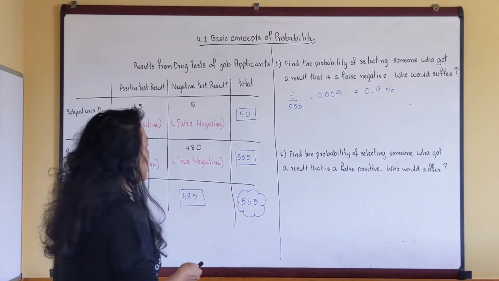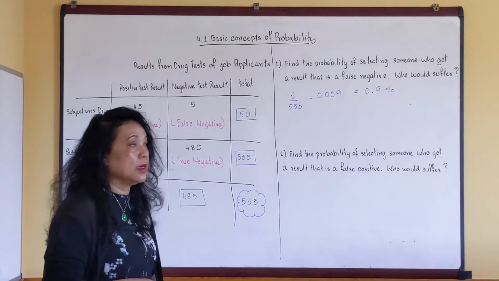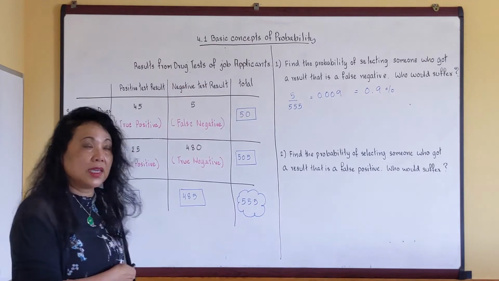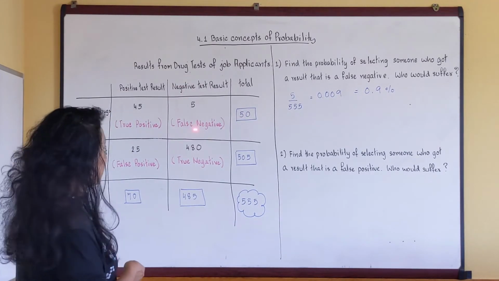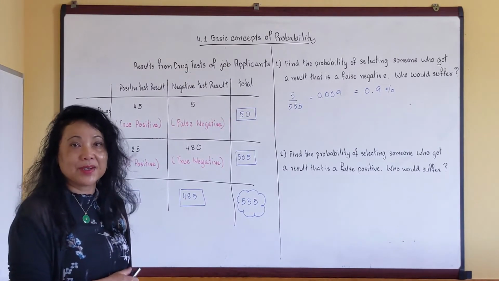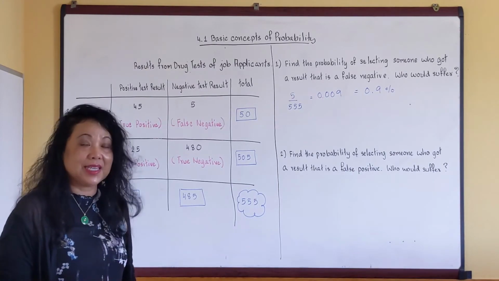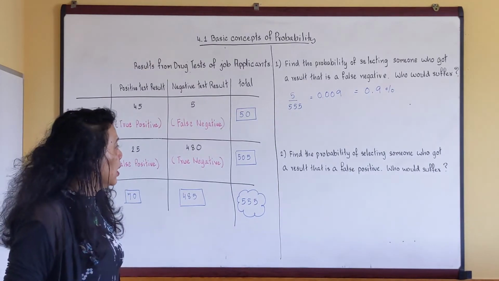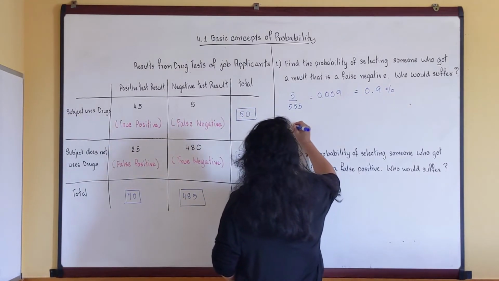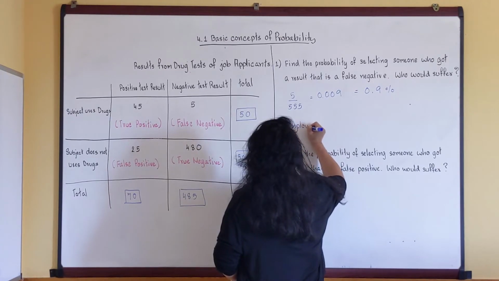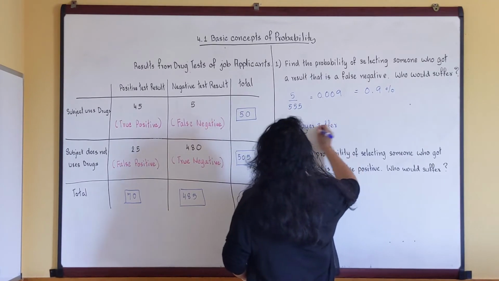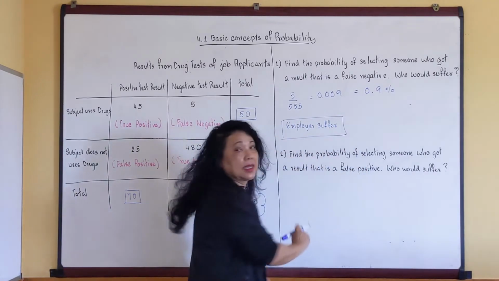It's less than 1%. Who will suffer? The one who suffers is, with a false negative, he took drug, but the test turned out negative. So the one that suffers is the employer, because the employer thinks that he didn't take drug, but he really took drug. So the employer suffers, because basically you hire someone that is taking drug.